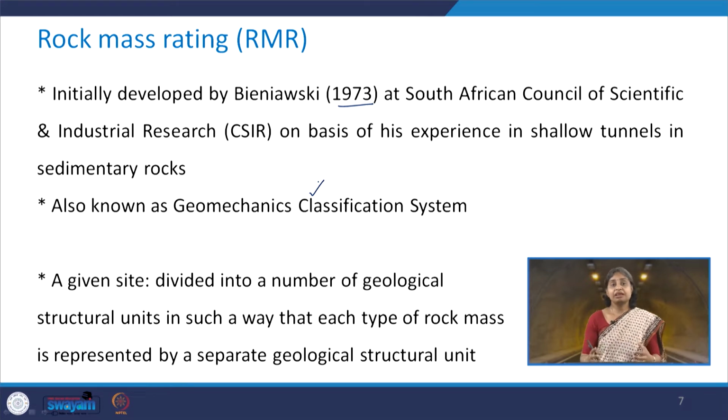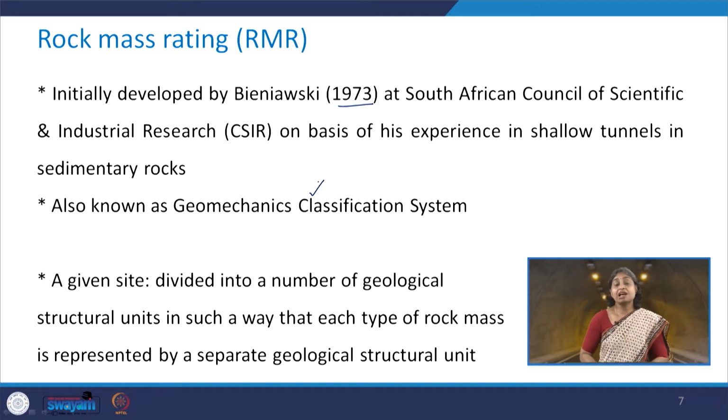Now, what is done in this case is that there is a particular site. This site is divided into a number of geological structural units, and it is divided in such a way that each type of rock mass is represented by a separate geological structural unit.